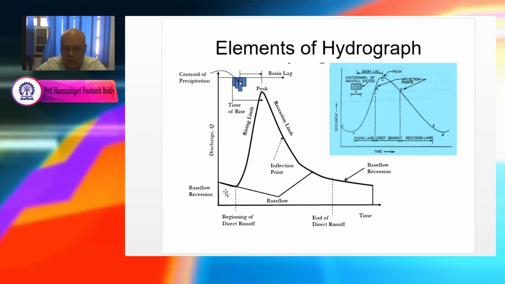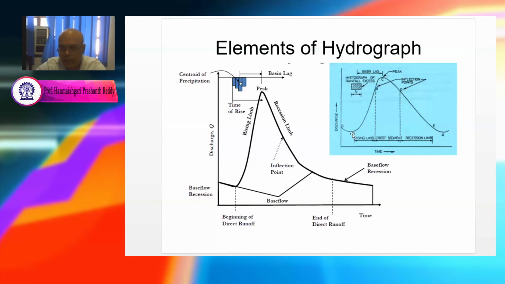Before that there is a flow, and after all the water of rain has contributed to the flood, there is still a flow in the river due to the groundwater flow. So we need to identify a few inflection points. They are shown with A, B, C, D, E, F.